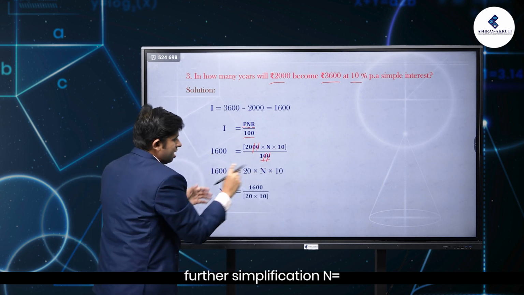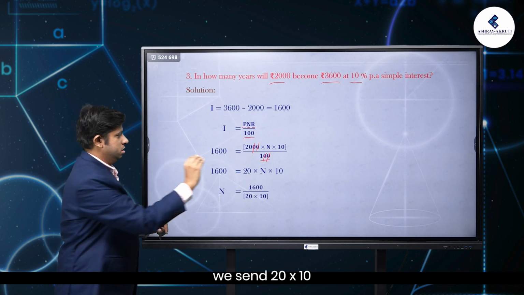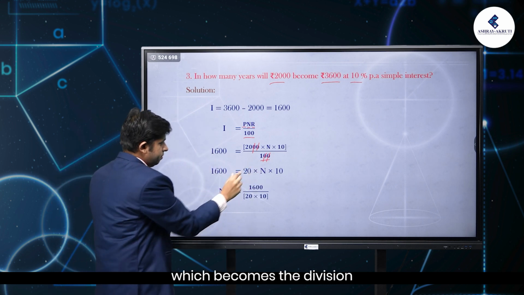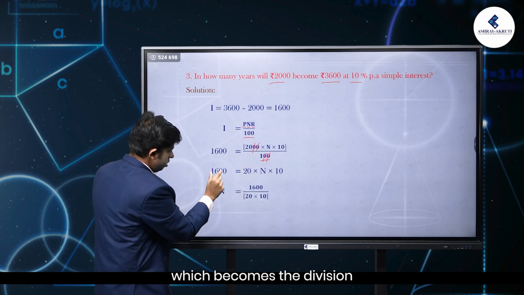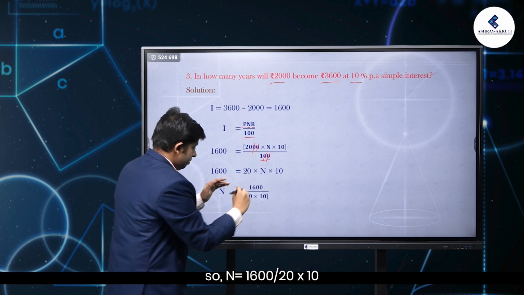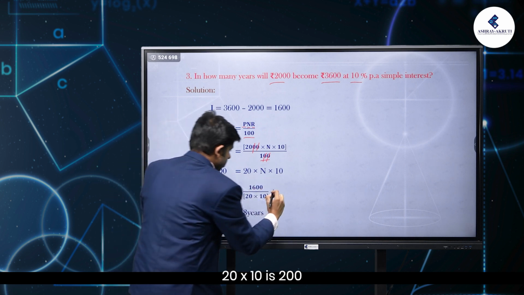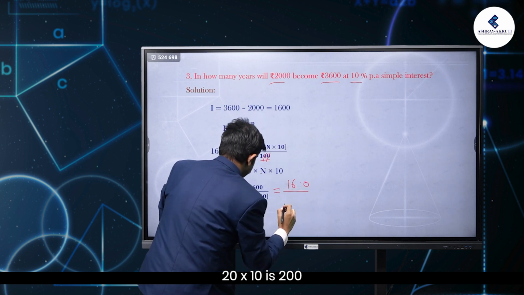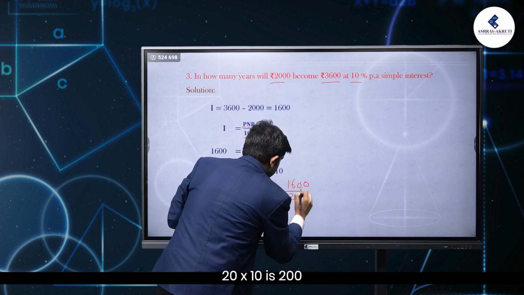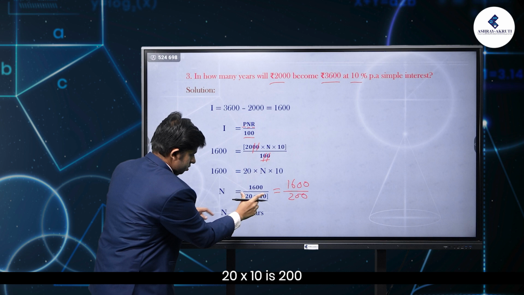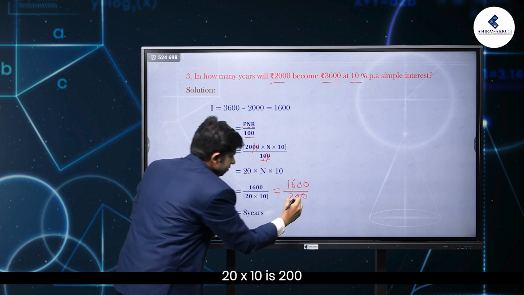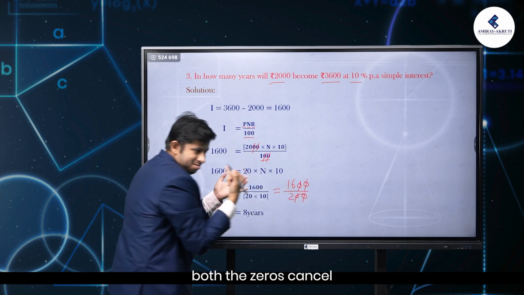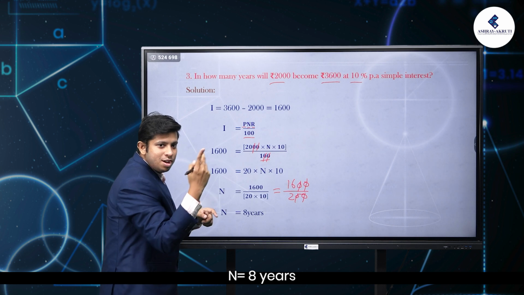Further simplification, we send 20 into 10 to the left hand side, which becomes the division. So n is equal to 1600 by 20 into 10. 20 into 10 is 200, n is equal to 8 years.